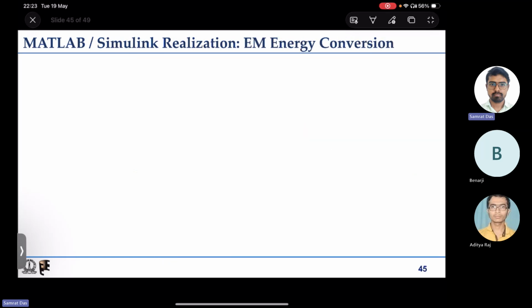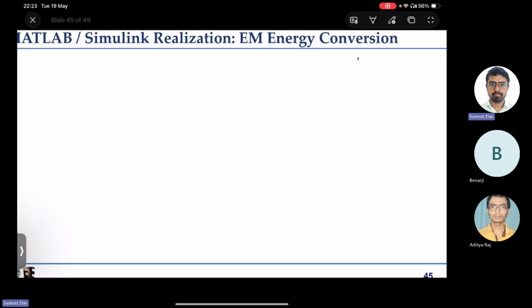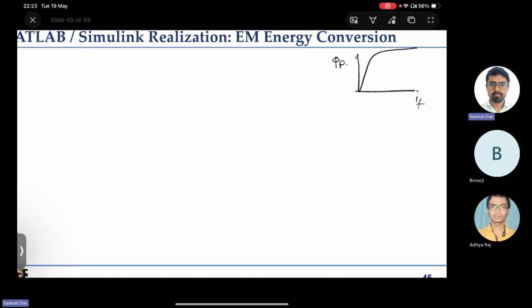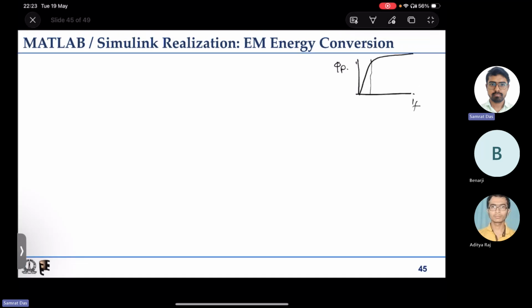And what about the electromagnetic energy conversion? If it is a linear modeling, we will assume that although the flux per pole and field winding current are related by this type of nonlinear characteristic, we are limiting our field current up to this limit.